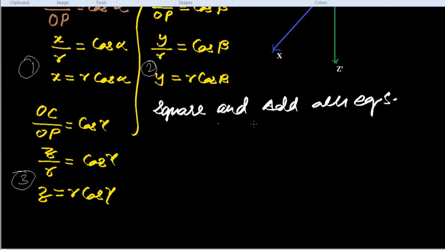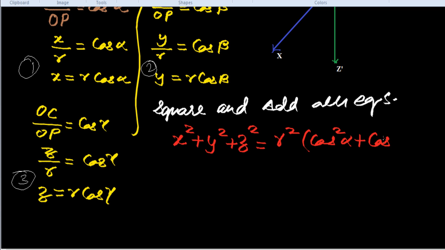Okay, so we see here, we get x square plus y square plus z square equal to r square cos square alpha, r square cos square beta, r square cos square gamma. So we are taking r square outside common: cos square alpha plus cos square beta plus cos square gamma.